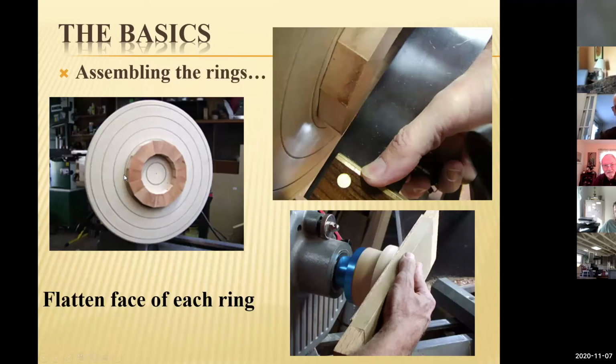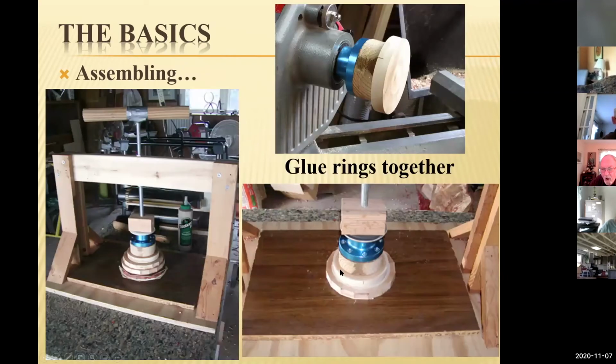The other face that's glued to the MDF is still rough. So I put the flat face on, glue it to the base. I made this jig early on to do the gluing. I don't really use this much anymore. I find that just putting a brick on the surface does the same thing. You don't need that much pressure.